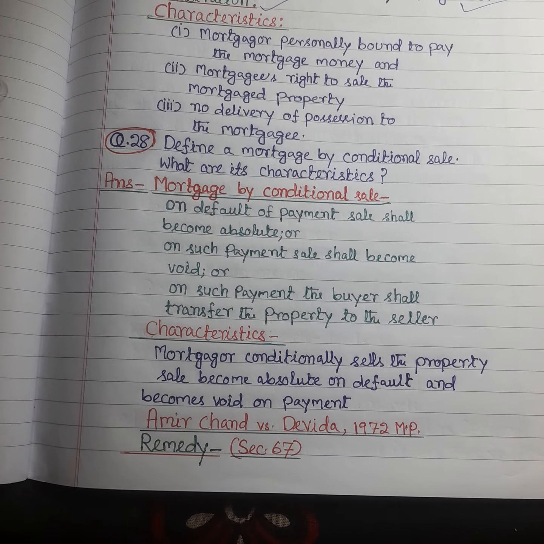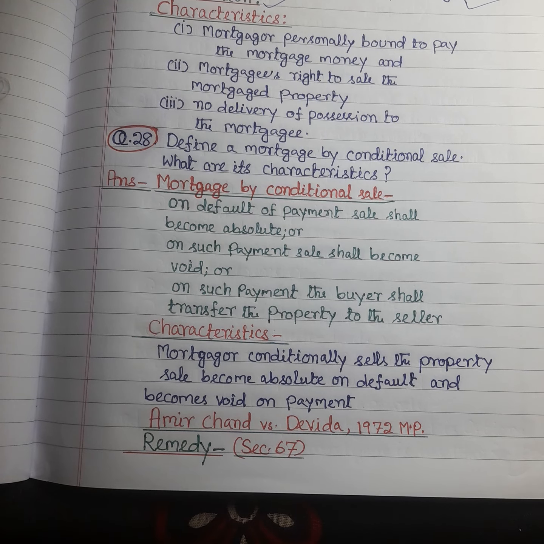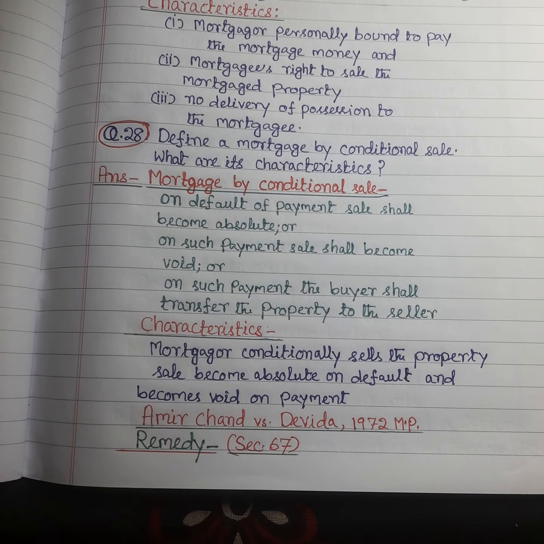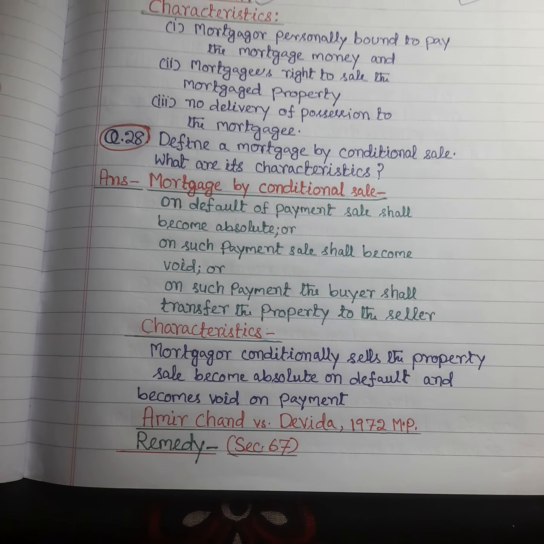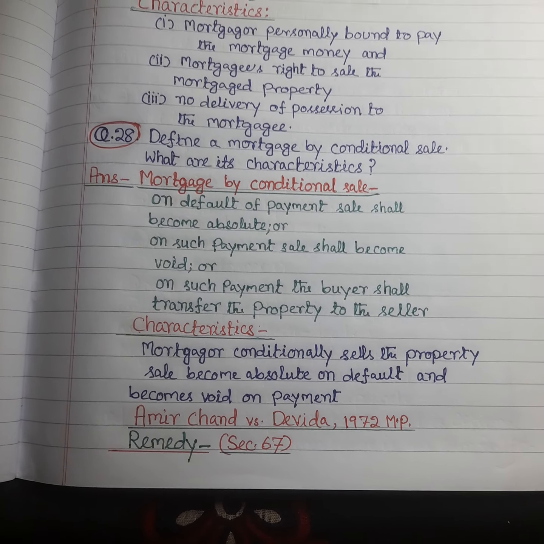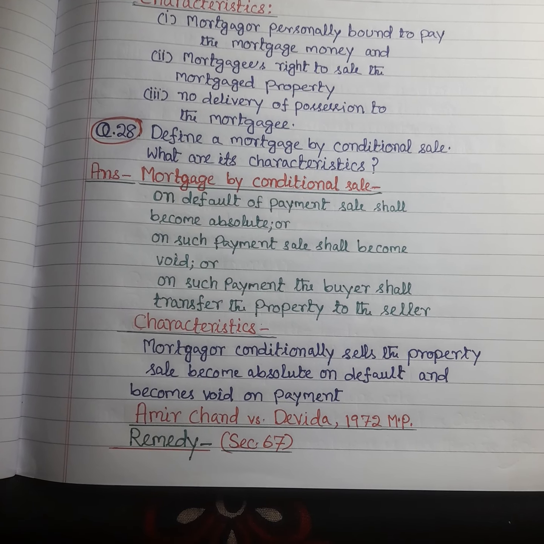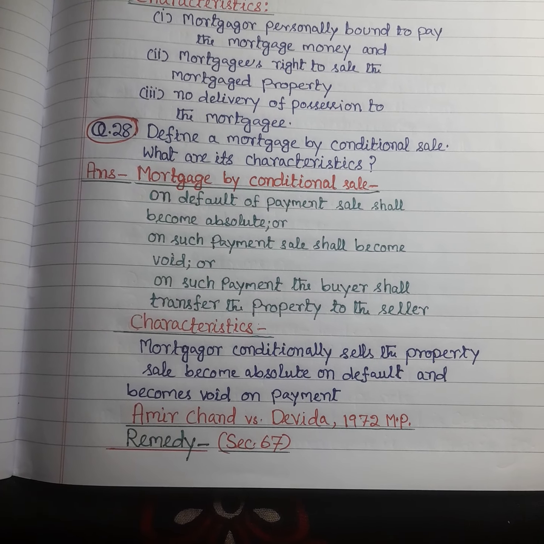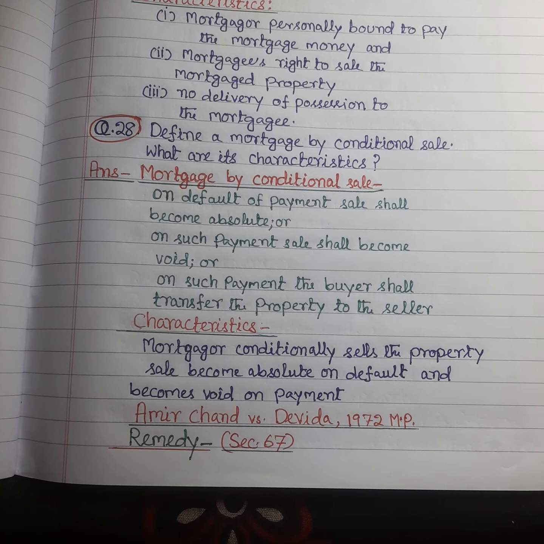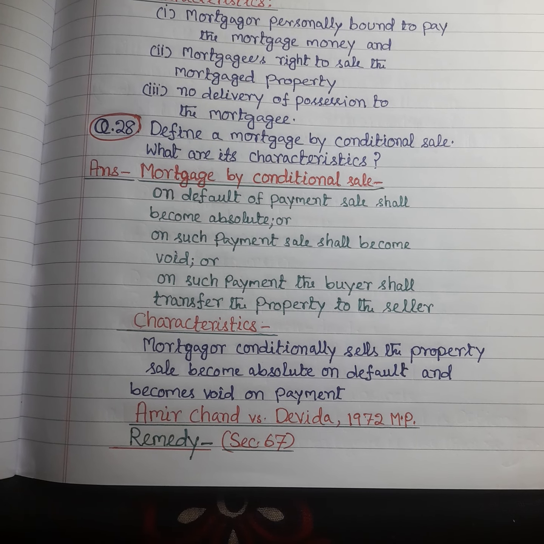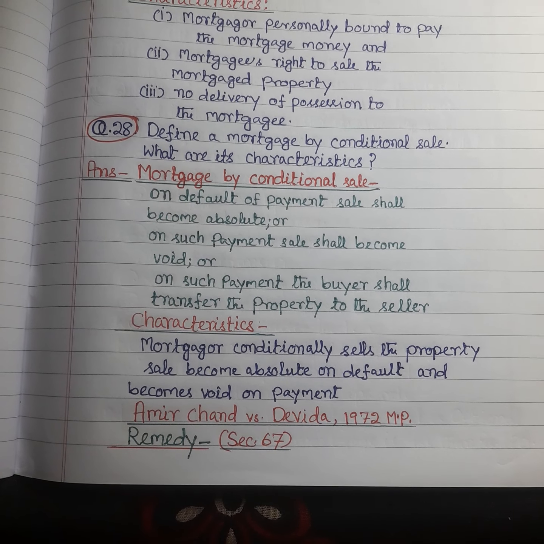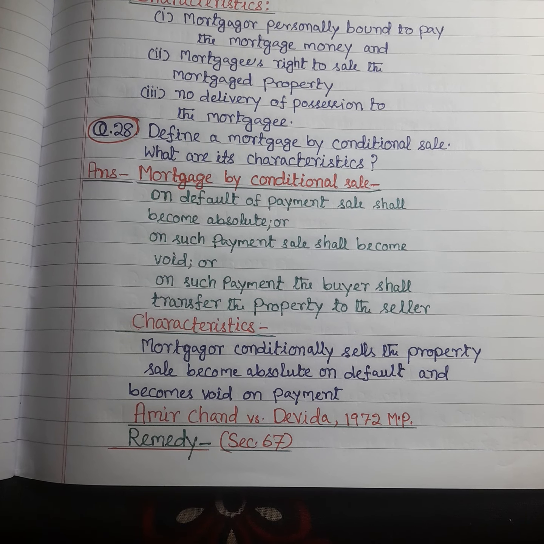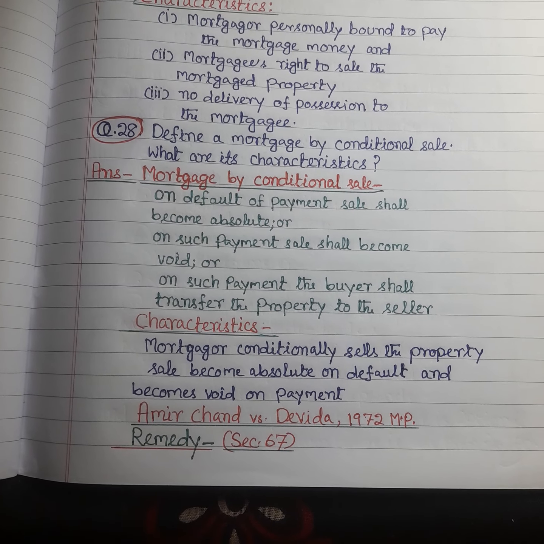He may cause the house to be sold, and if, for instance, the house fetches only Rs 1,000, then he may realize the balance by suing the mortgagor and obtain a simple money decree against him for the remaining 9,000 rupees.